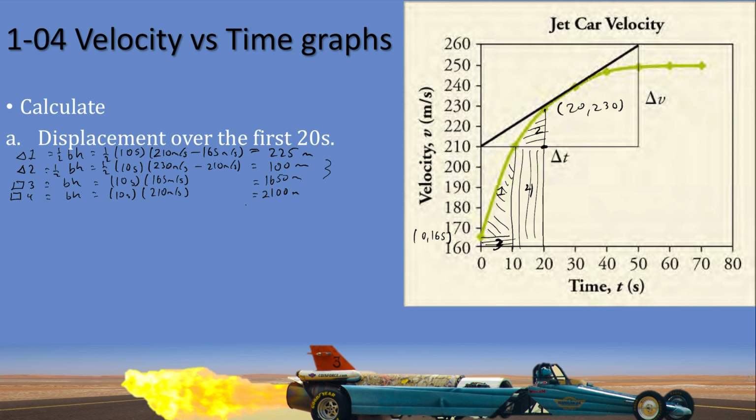So our total displacement, add those up. 225 plus 100 plus 1,650 plus 2,100 gives me 4,075 meters, which we'd probably round to about 4,100 meters, because we had to do some estimating.